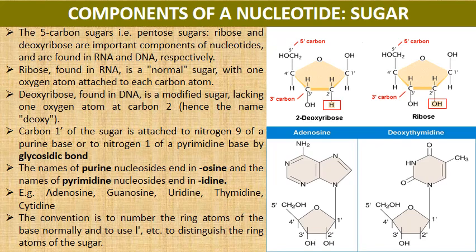What is the difference between the ribose sugar and the deoxyribose sugar? Ribose sugar, which we just saw, that is found in RNA, is a normal sugar with one oxygen atom attached to each carbon atom. In deoxyribose sugar, which is found in DNA, it is a modified sugar lacking one oxygen atom, hence the name deoxy.